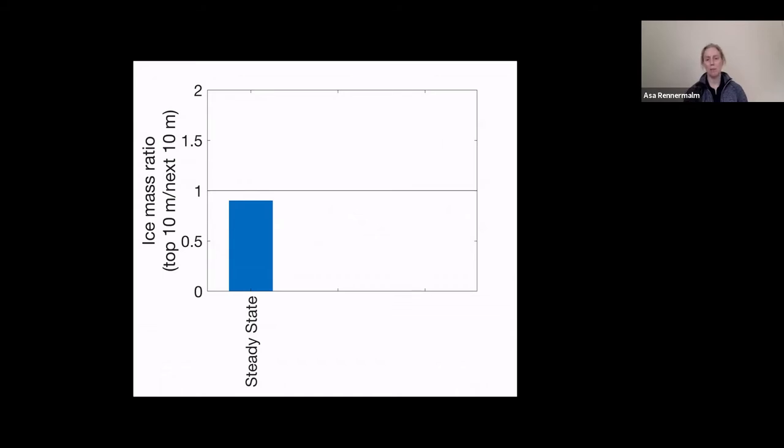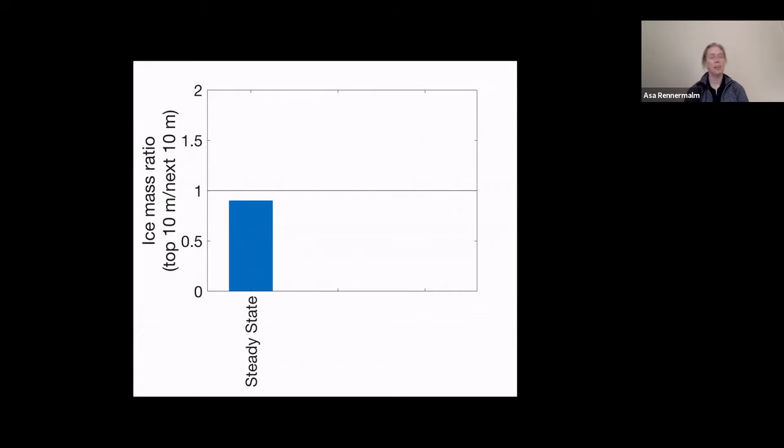So the ratio would be below 1. This is because the bottom part would have slightly more years and be more compacted, so you'd have more years contributing to that part.